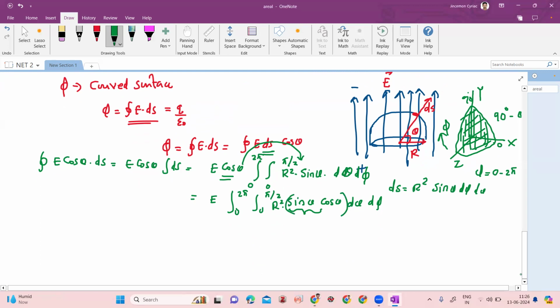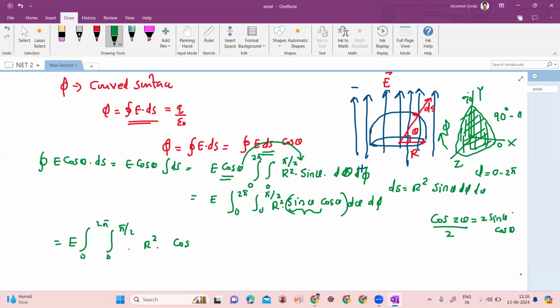So we can take cos 2 theta is equal to 2 sin theta cos theta, so sin theta cos theta is equal to cos 2 theta by 2. And that is equal to E into the integral 0 to 2 pi, integral 0 to pi by 2, into r square into cos 2 theta by 2 into d theta d phi.